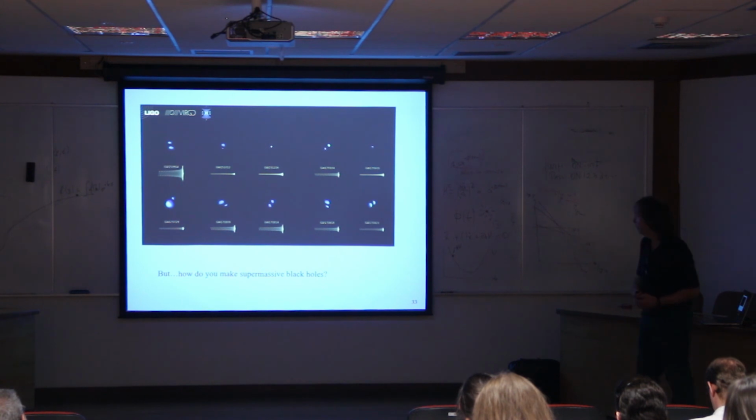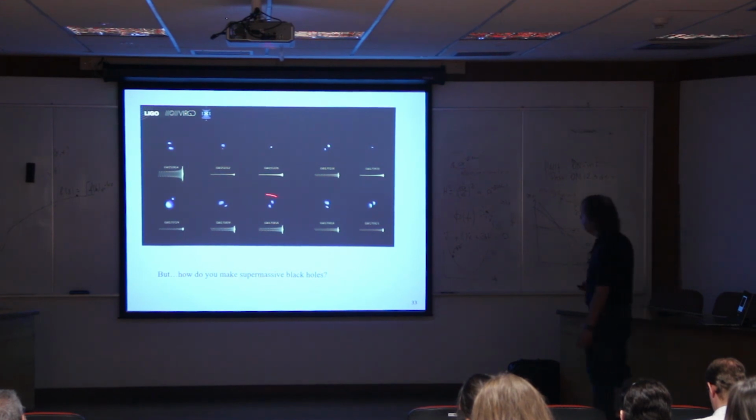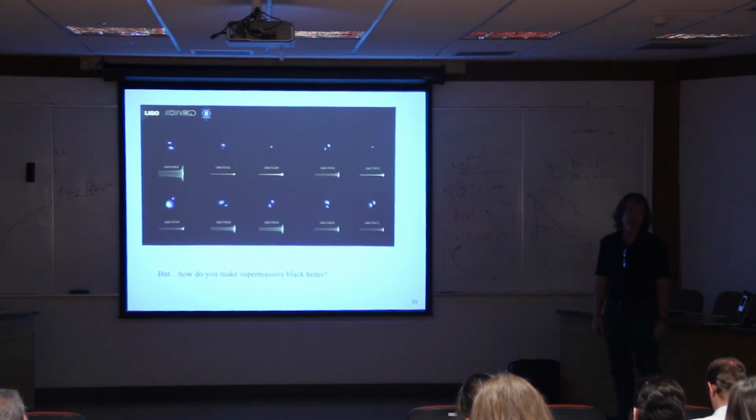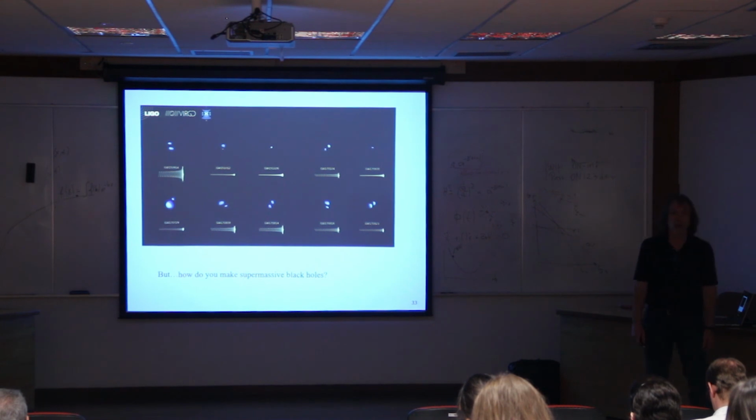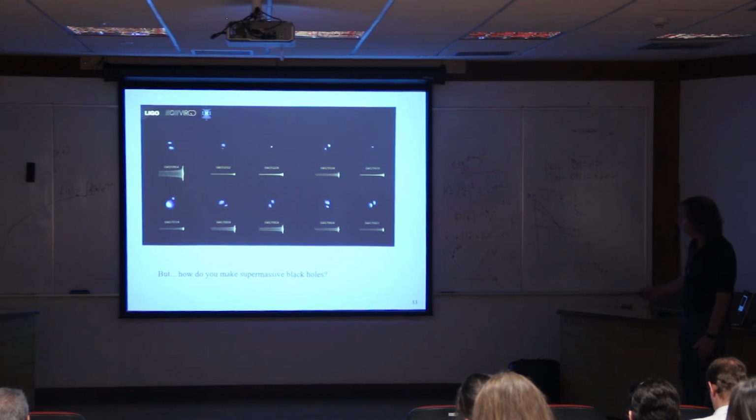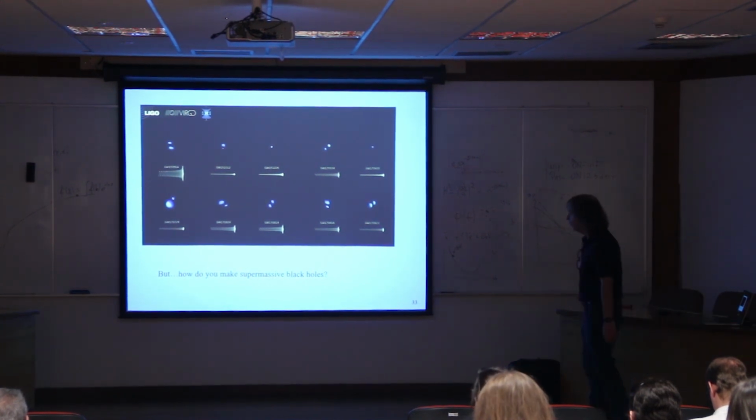Something must have made them, or in other cases they were built up from other black holes coalescing to these sizes. They don't know, but these are many orders of magnitude below what we see in the supermassive black holes in galaxies. So they detected gravitational waves for these things, but we don't know how they built up.